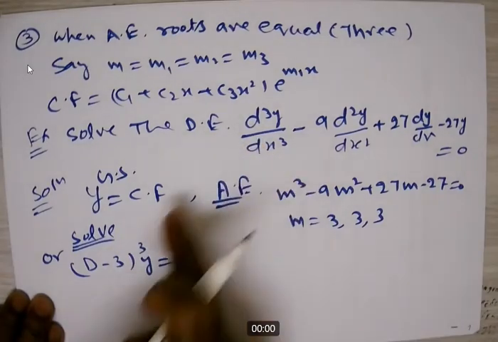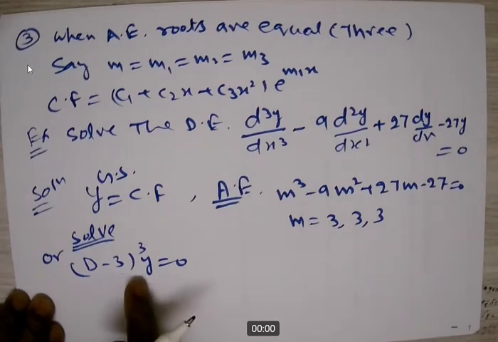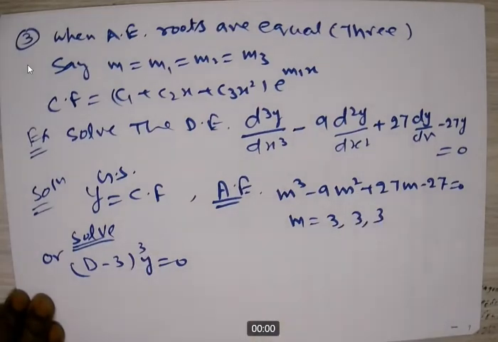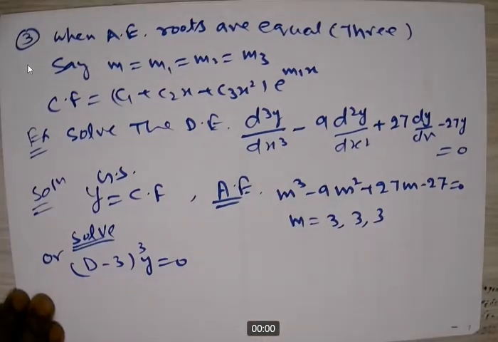So this one and this one are the same, because (a minus b) power 3 is a cube minus 3a square b plus 3ab square minus b cube. So we can write it like that or we can write it like that.